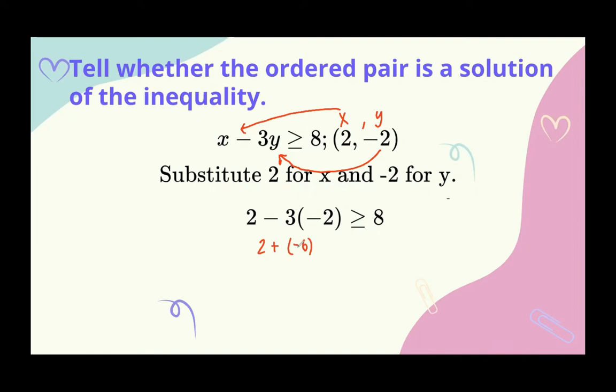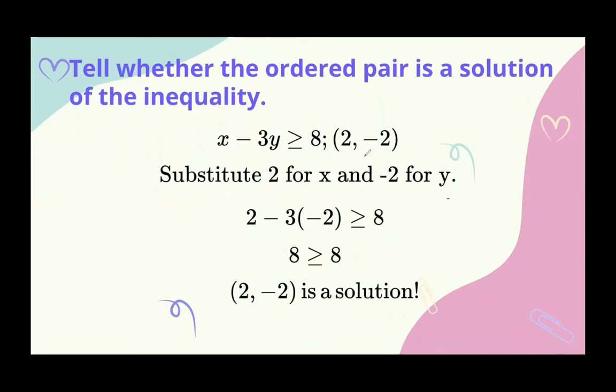These negatives will cancel out since you're subtracting a negative number from a positive number, and that would give you 2 plus 6 would be 8. So your final inequality would be 8 is greater than or equal to 8. Since 8 is equal to 8, we know that this inequality is true, and that 2, -2 is a solution.